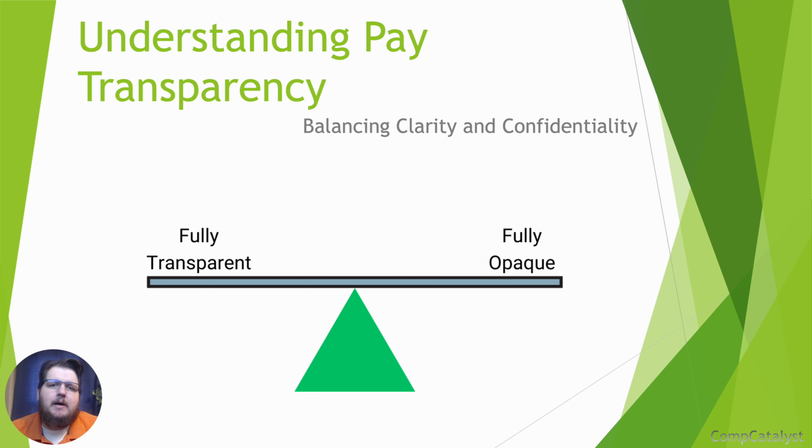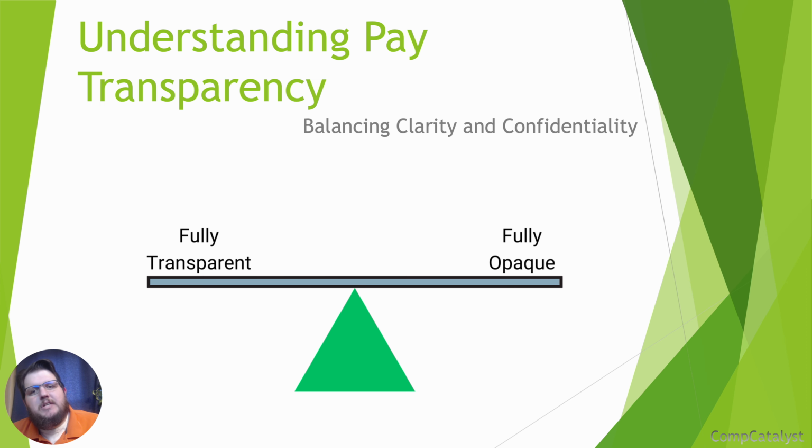Next, let's talk about pay transparency. How much of your pay structure you choose to share with your employees. On one end, full transparency might mean revealing pay ranges or the criteria used to set salaries, while a more limited approach might just explain the factors that influence pay decisions. Transparency helps to demystify compensation.